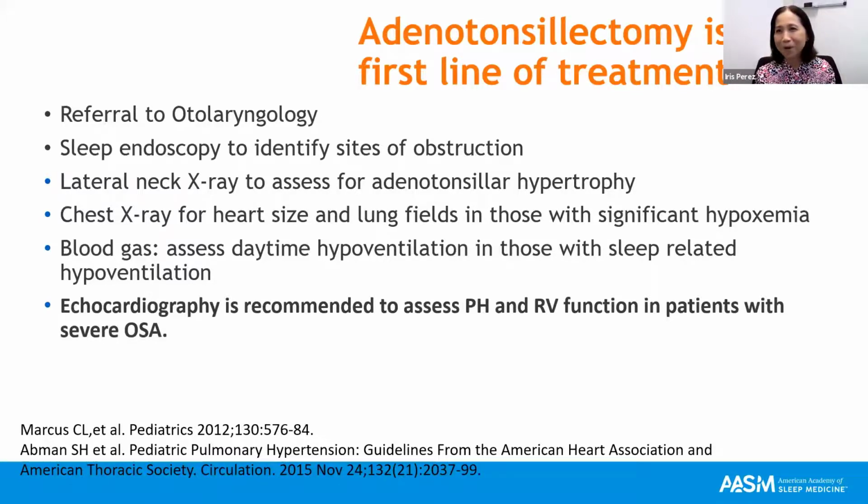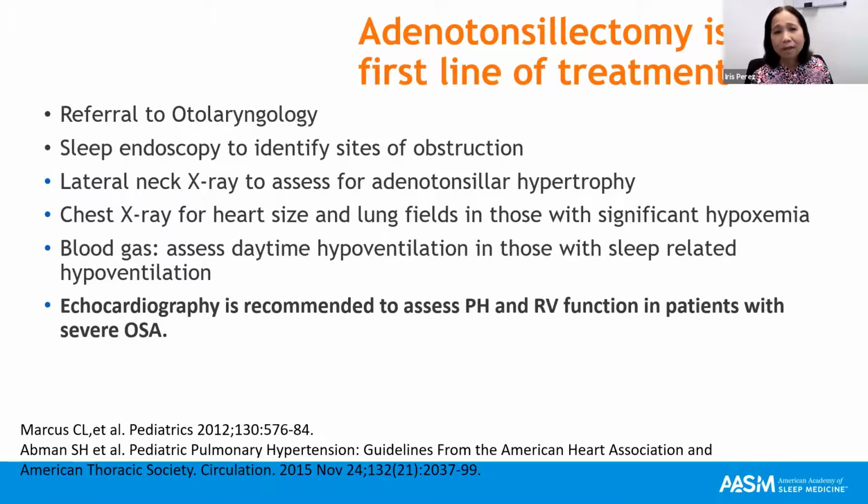While waiting for your patient to be seen in the otolaryngology clinic or to be evaluated by your ENT colleague, you can perform a lateral neck X-ray to assess for adenotonsillar hypertrophy. Sometimes it's a little bit hard to have these children open their mouth. And you can do a chest X-ray to assess for heart size and assess their lung fields, particularly in those who have sleep studies with significant hypoxemia.